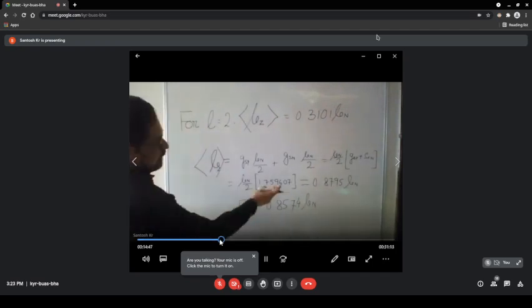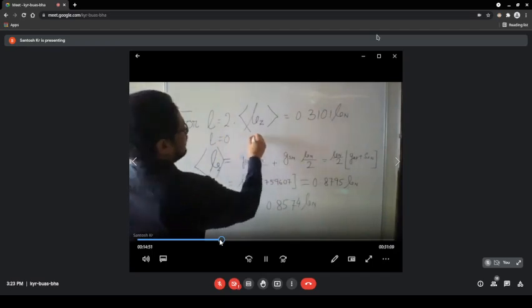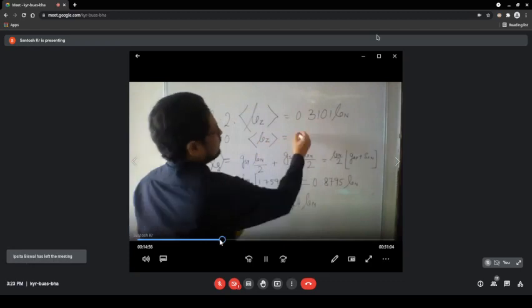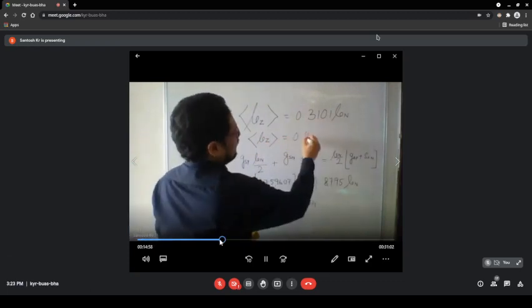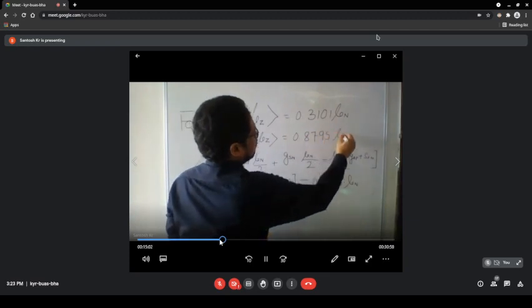And I will write this one here for n equal to 0. This value was 0.8795 nuclear magneton.